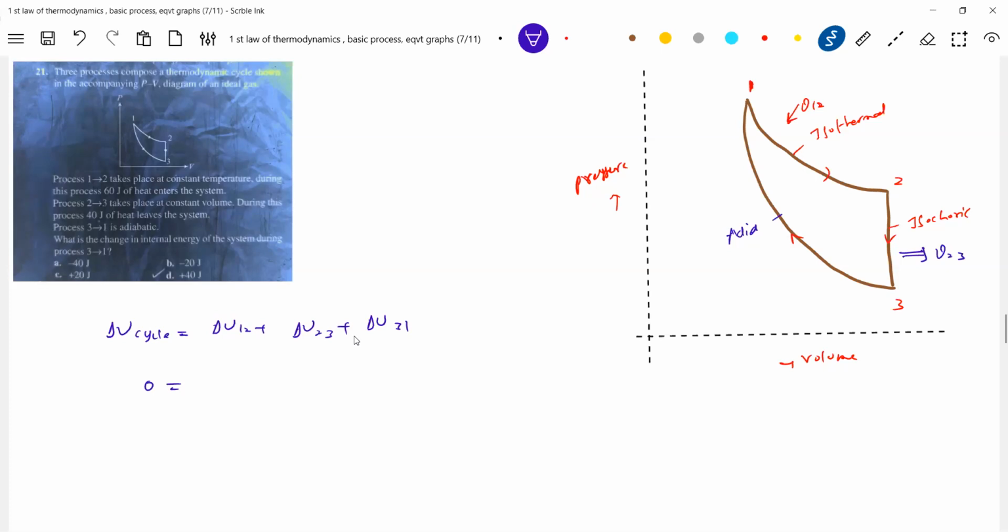For an isothermal process, what is change in internal energy? It will be 0. For an isochoric process, delta U23 should be equal to Q23. It is rejected, no? And delta U31, what is the change in internal energy of this system? That's what he's asking. Let's substitute here. This will be 0. Q23 is rejected, that's why I put a negative sign. So minus of this is 40. You need not do anything very big here.